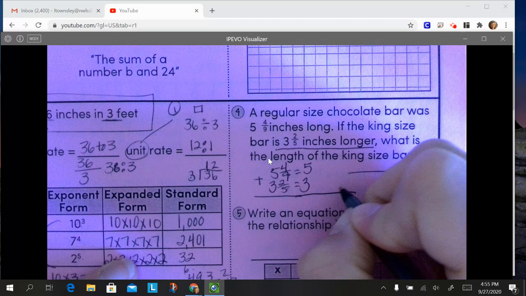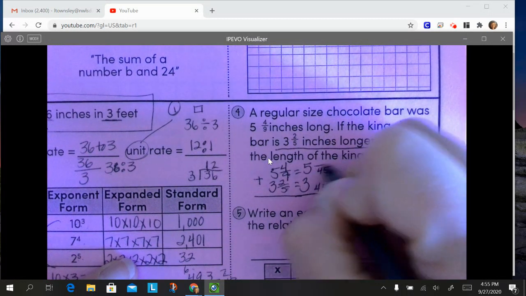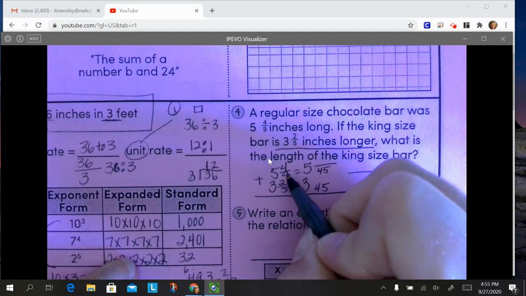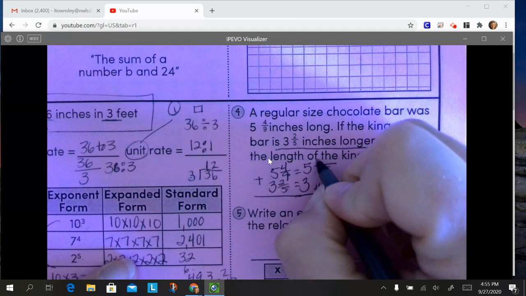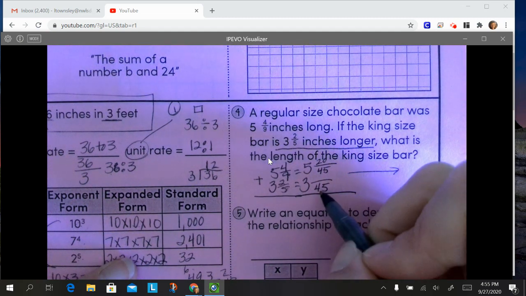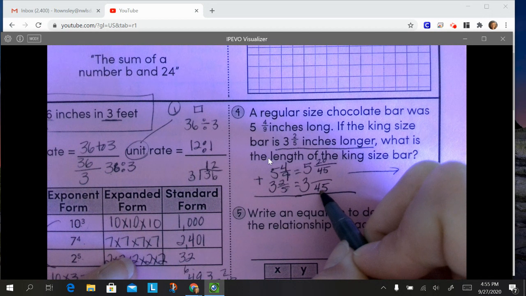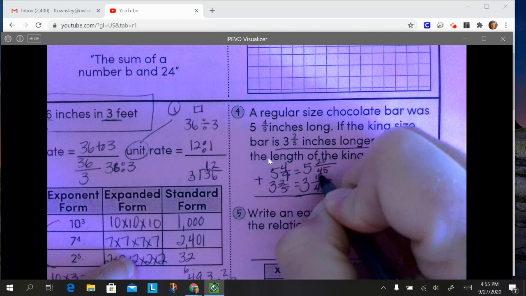Well, we could use 45. Let's do that. So 9 times 5 gave us 45. Therefore, 4 times 5 is 20. And then 5 times 9 gave us 45. So 2 times 9 would give you 18.